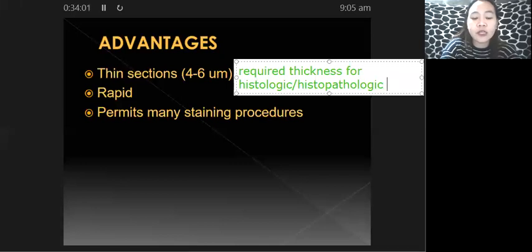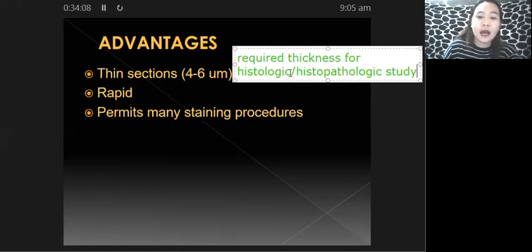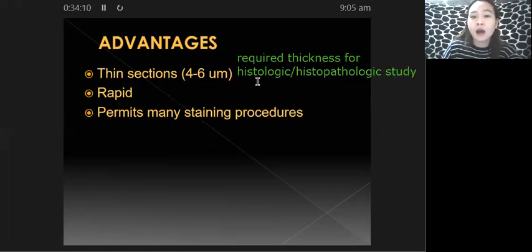So that means your paraffin wax is able to meet this criterion for the thickness of your sections for histologic and histopathologic study. So that's why they are used for routine processing.